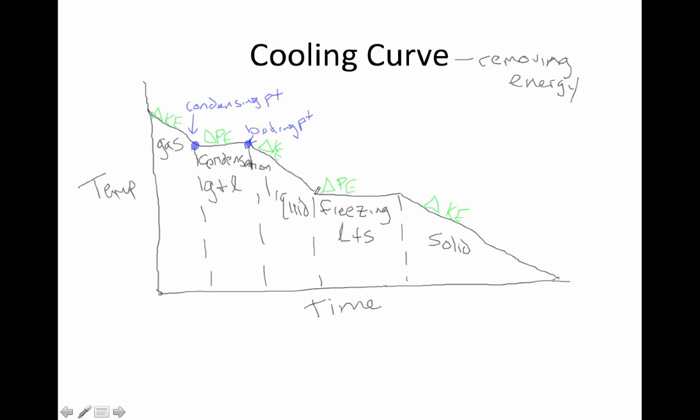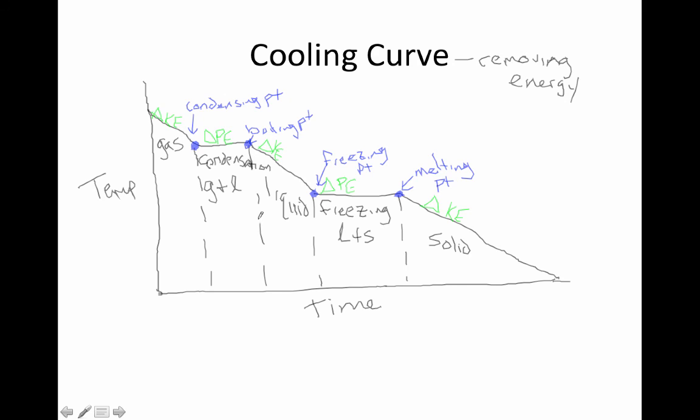And then here we have a liquid that is just starting to become a solid. So that is our freezing point. And on the other side of that plateau is going to be our melting point. And there I think we have all of the important things labeled that we had before.